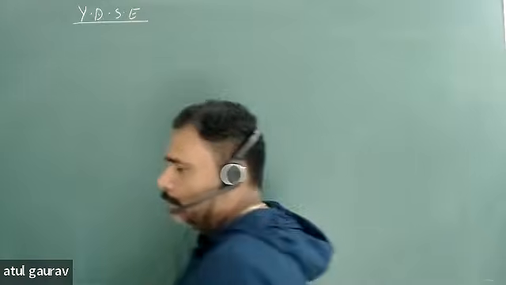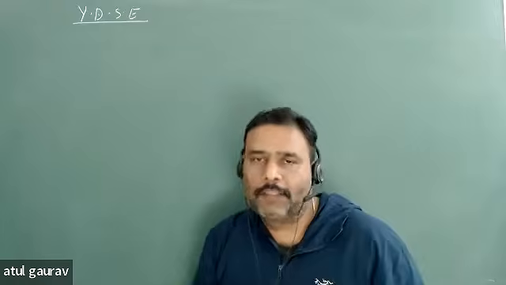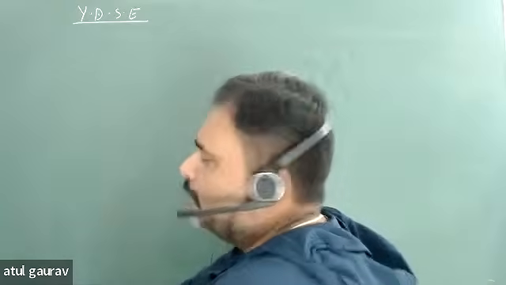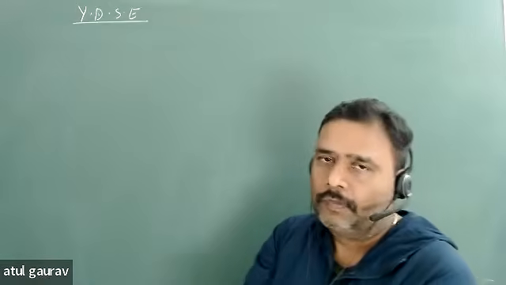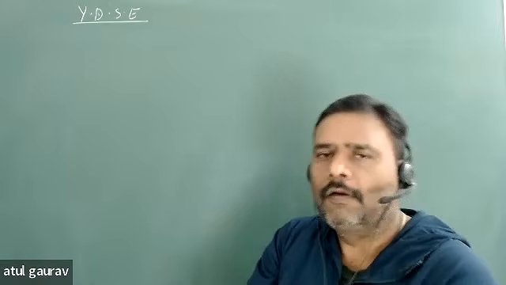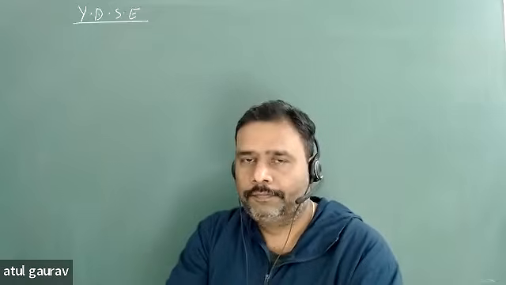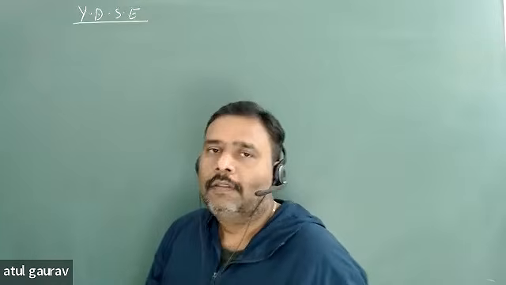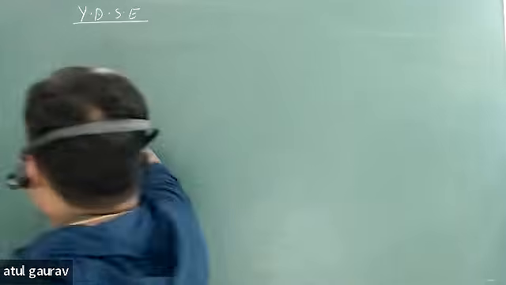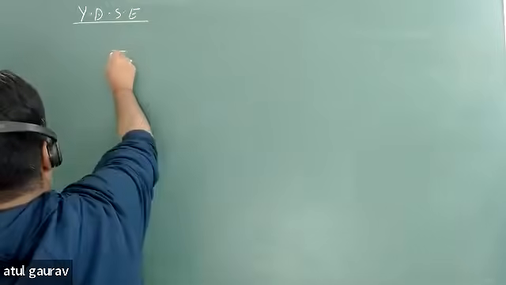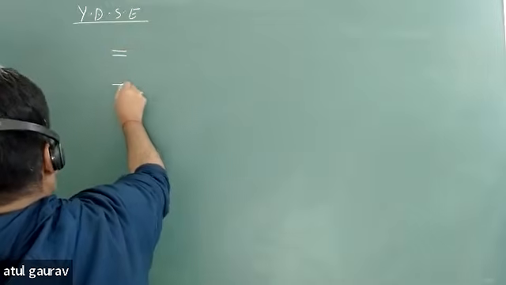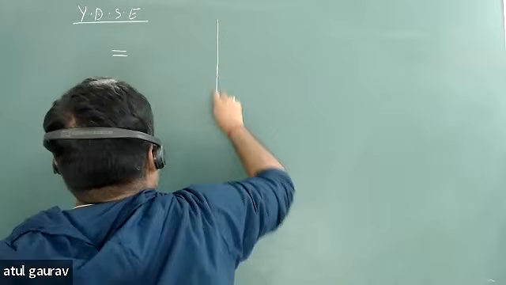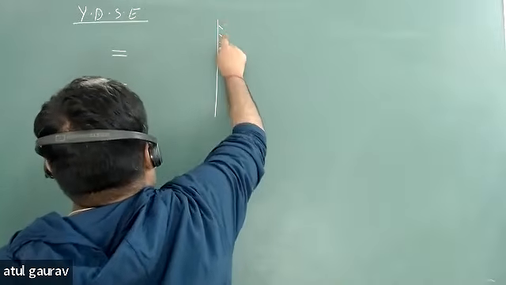I think we have done it in our +2. क्या किया था Young double slit experiment में? बताओ, anyone? सर, एक सोर्स ऑफ लाइट था और उसे हम दो स्लिट से पास कराते थे, और एक स्क्रीन होता था. This is a schematic diagram of the Young double slit experiment.